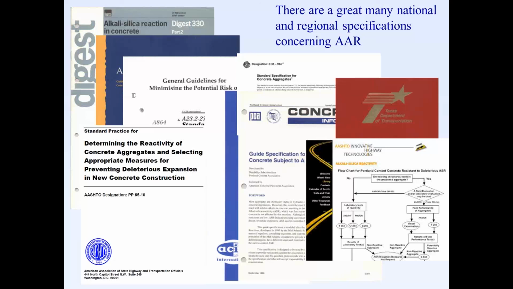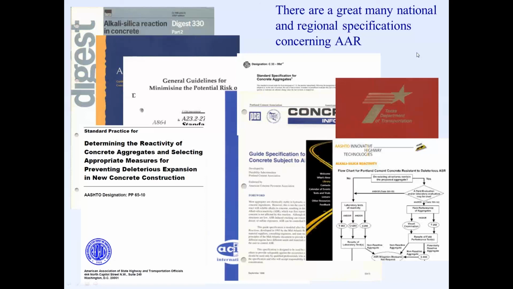Okay, we're going to deal with specifications now. There are literally hundreds of different specifications out there, basically on a state level, a provincial level, a few on a national level.